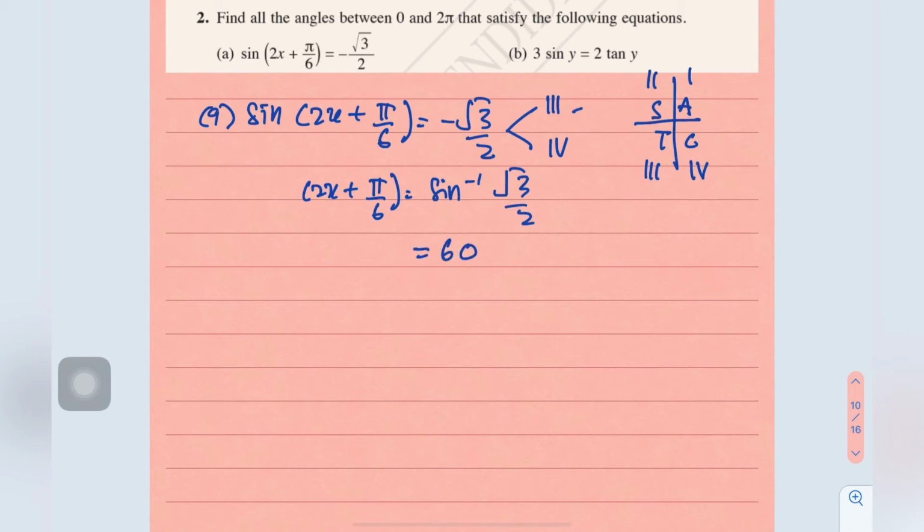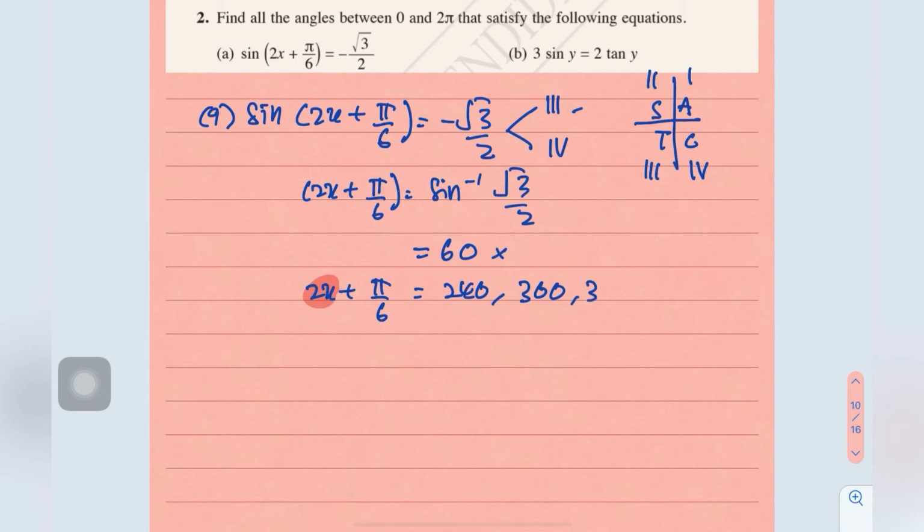In quadrant 3, 2x plus pi over 6 is 180 plus 60, which is 240. In quadrant 4, 360 minus 60 is 300. But this one is 2x, so 2 cycles.